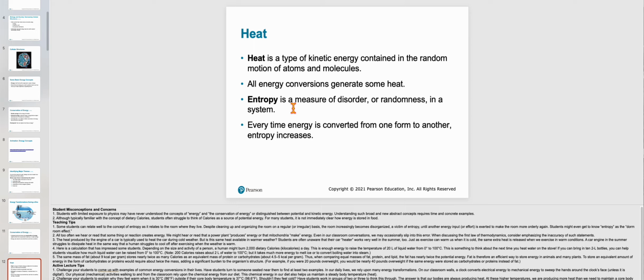But as you are actively doing things on Eagle Online, actively moving around, actively doing and participating, you're going to see that energy has to be used, and that energy use is going to create entropy. And that's what that last line says. So every time energy is converted, entropy increases. Okay? So if you have a neat room and you never use your room, then it's going to stay neat, but again, no energy was used either. But as you use your room, it's going to create entropy.